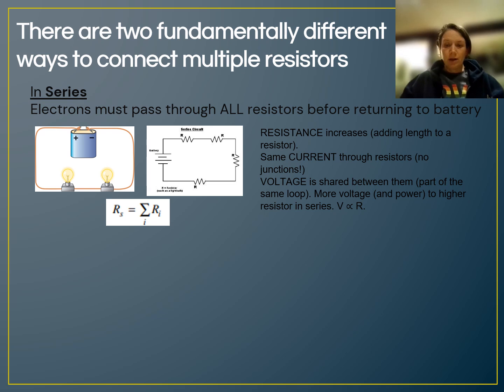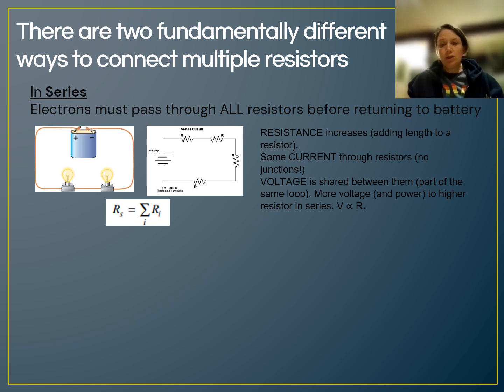The voltage, on the other hand, is going to be shared between the resistors that are in series. This is because they're part of a single loop, right? And that means that if there's only one place that energy is going in at the loop, like the battery, then the energy that's being used up at the other spots in the loop, like the resistors, can't use up all the energy of the battery, or the electrons wouldn't return to the same energy state when they return to wherever they started.